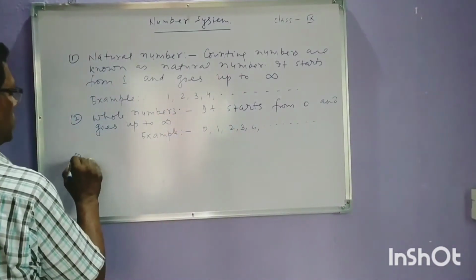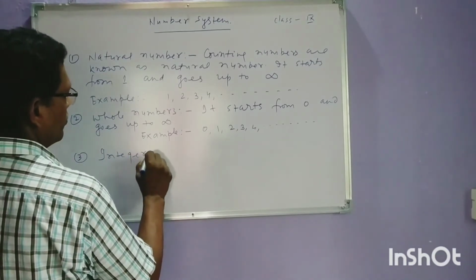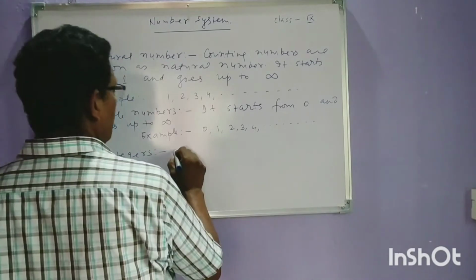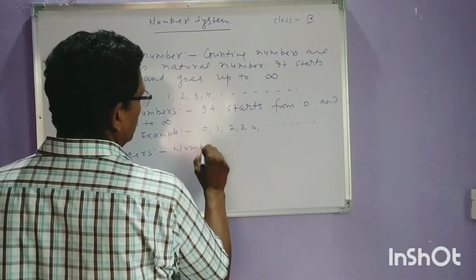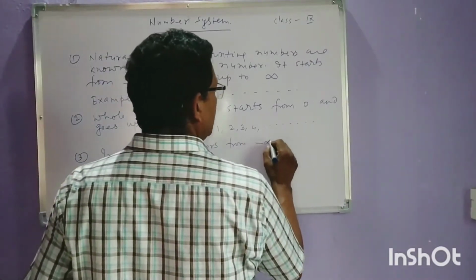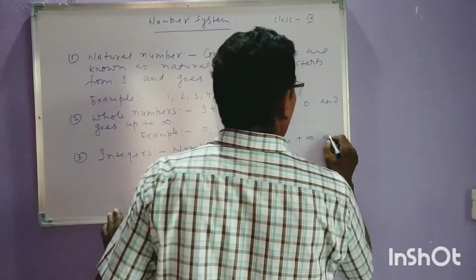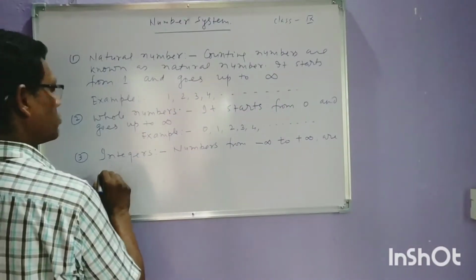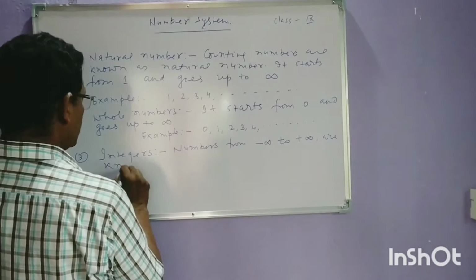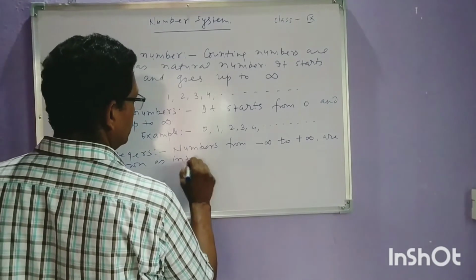Now third is integer. Numbers from minus infinity to plus infinity are known as integers.